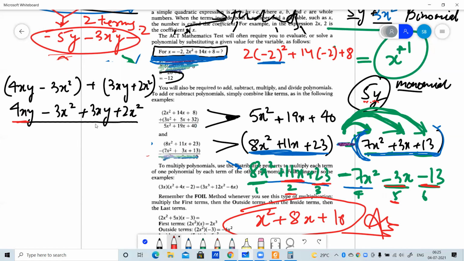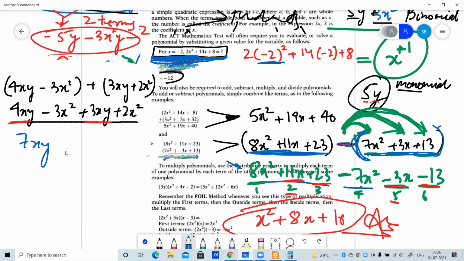Yes. So can you tell me the answers? Like how much will be 4xy and positive 3xy? This would be 7xy. And how much will be negative 3x squared plus 2x squared? Negative 3 plus 2.